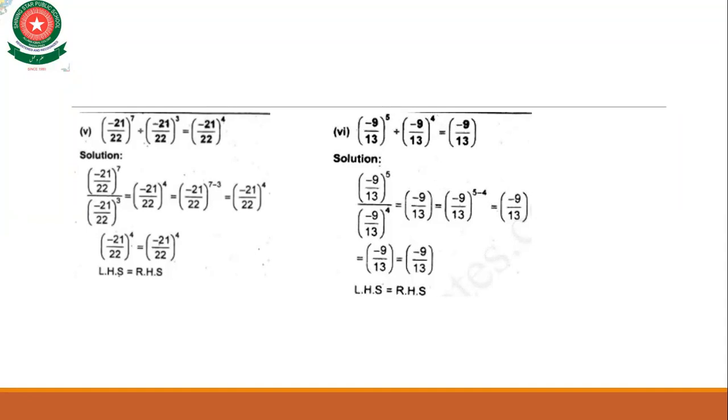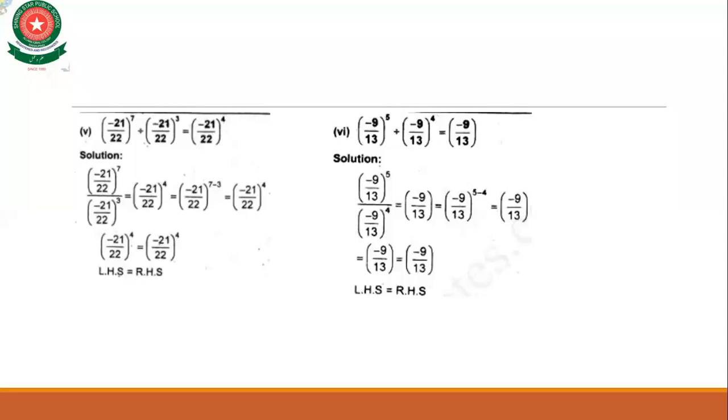Now the last part of today's topic and also of exercise 4.3 is part number 6: minus 9 over 13 power 5 divided by minus 9 by 13 power 4 should be equal to minus 9 over 13.